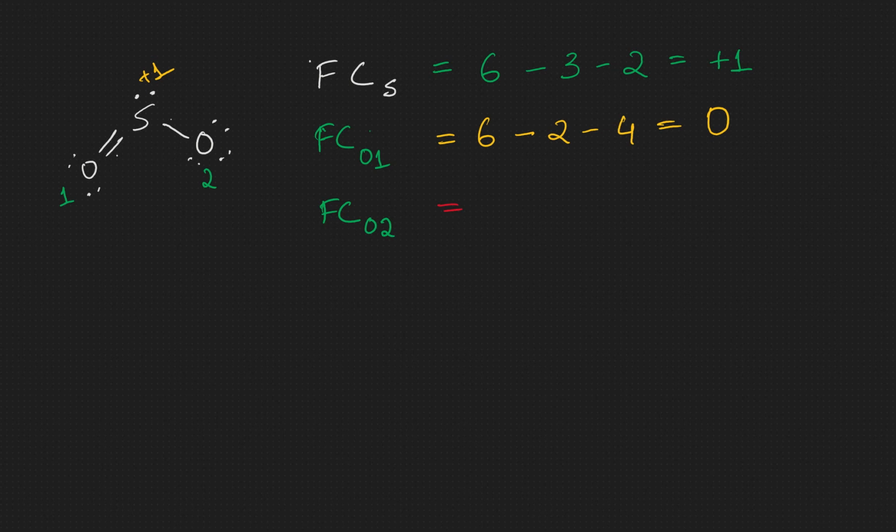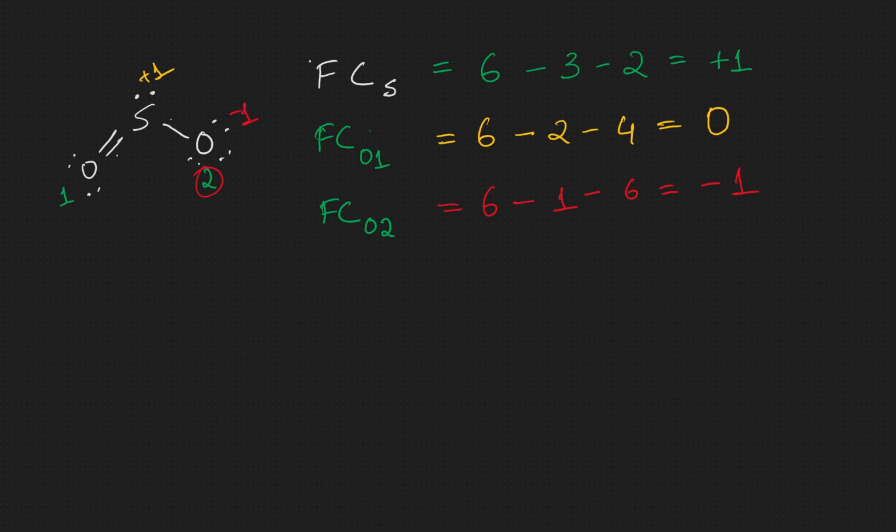And for this other oxygen, we calculate 6 valence electrons minus 1 bond minus 6 dots, that is minus 1.